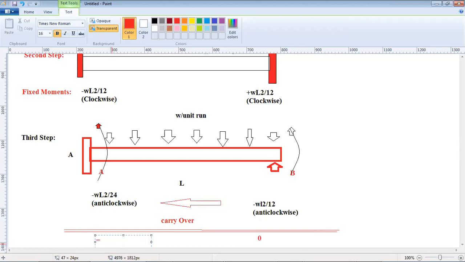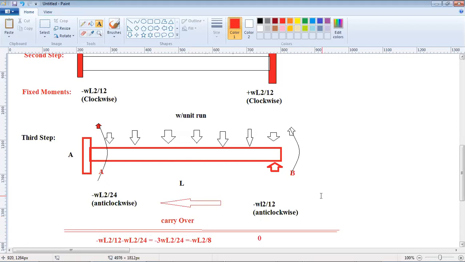So the total moment will be minus 3 times WL square by 24. So it's minus WL square by 8.